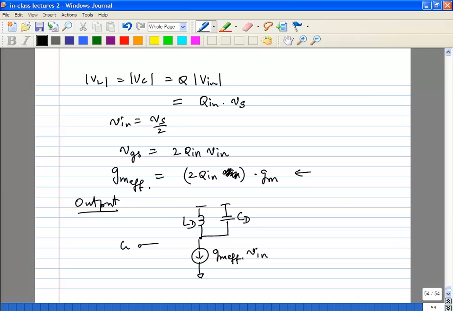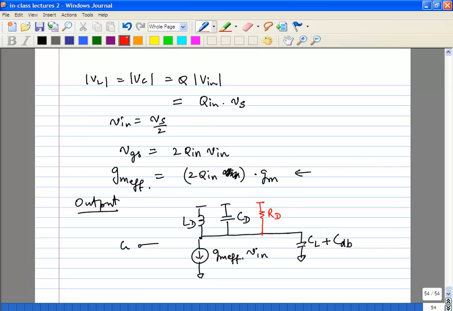Okay, what else? You also have a couple of other capacitors here. CL, which is the input capacitance of the next stage, plus the drain to bulk capacitance of this transistor itself. I'm going to call it RD. It's not a physical resistor, but at resonance, that is the impedance of the resonant network, the LC tank, looking upwards.